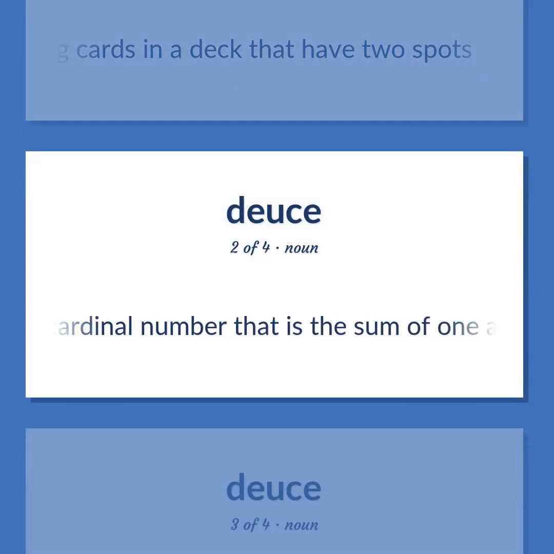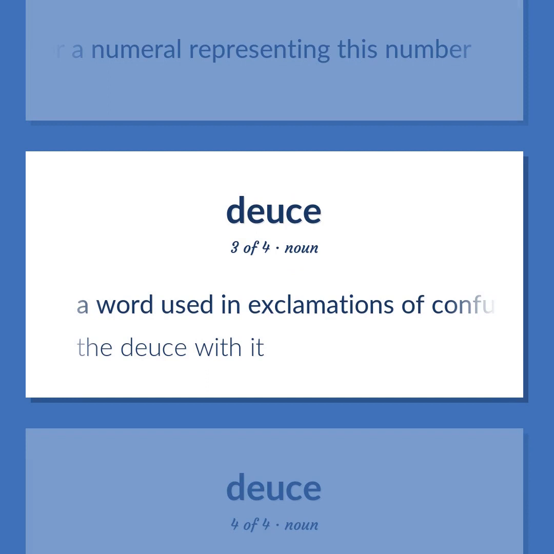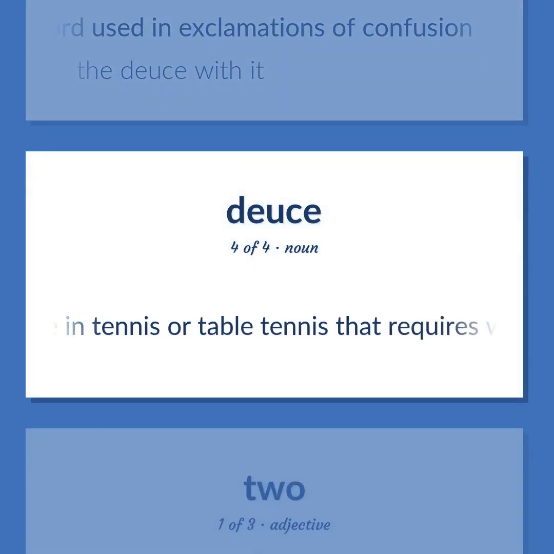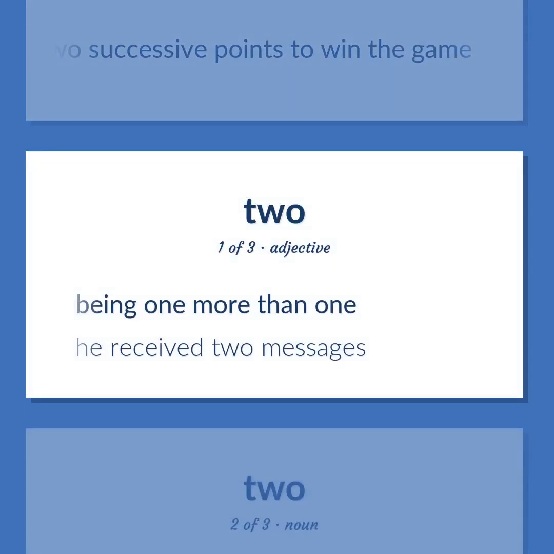The cardinal number that is the sum of 1 and 1 or a numeral representing this number. A word used in exclamations of confusion. The deuce with it. A tie in tennis or table tennis that requires winning 2 successive points to win the game. Being one more than one. He received 2 messages.